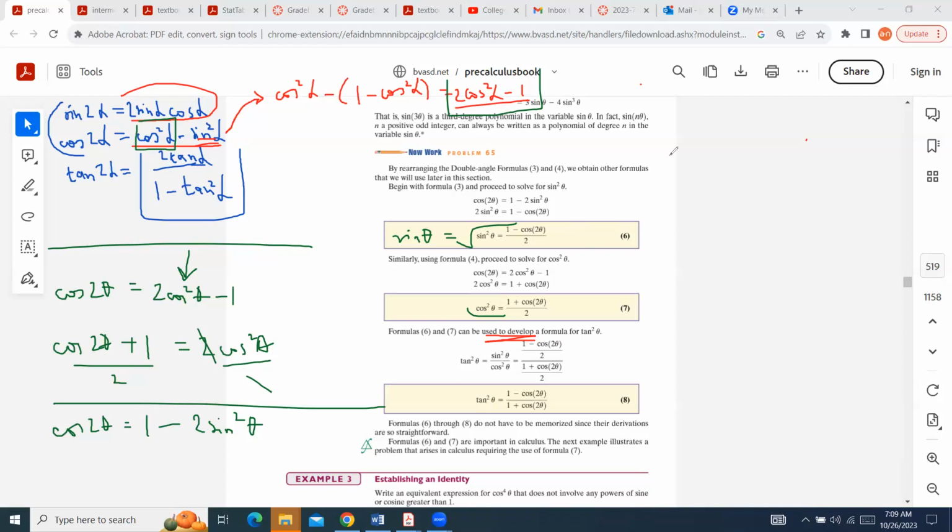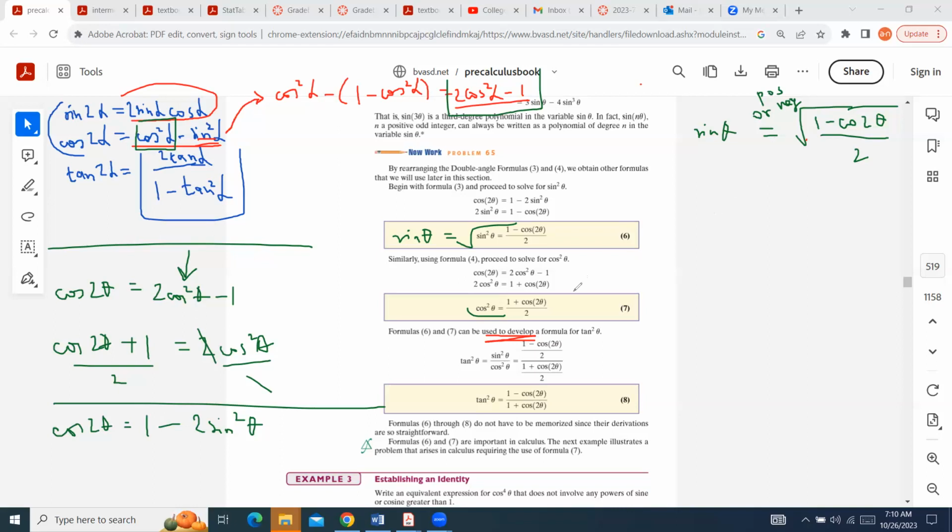So we just got that sine of theta is the square root of 1 minus cosine of the double angle over 2. Again, remember, it could be either positive or negative. I don't want to say plus-minus, because it's either-or. It's not both plus and minus. But that's how it works.